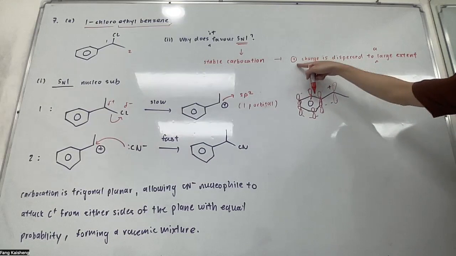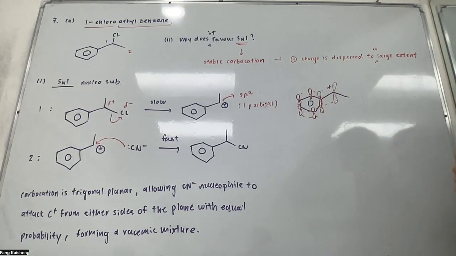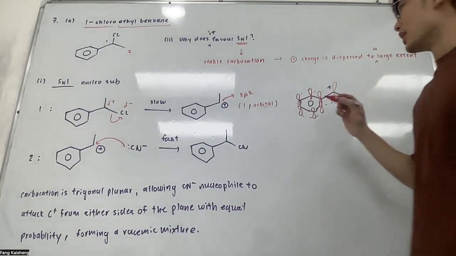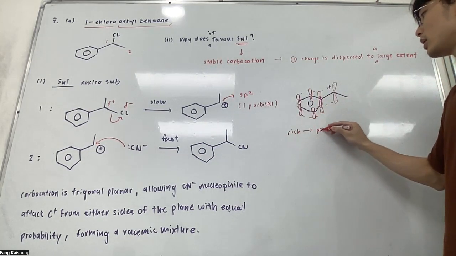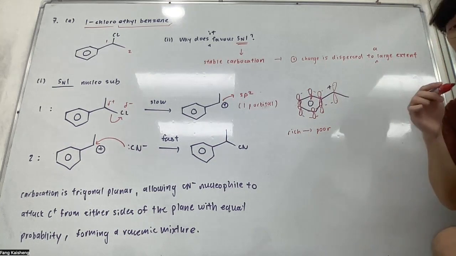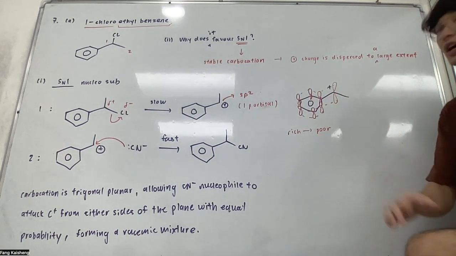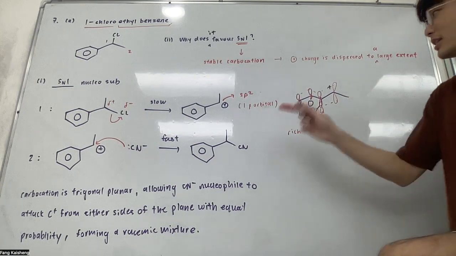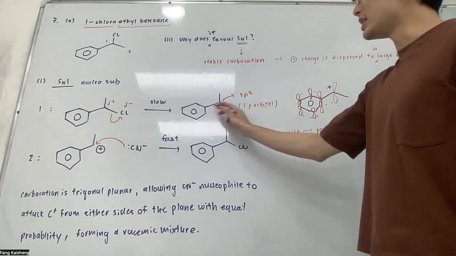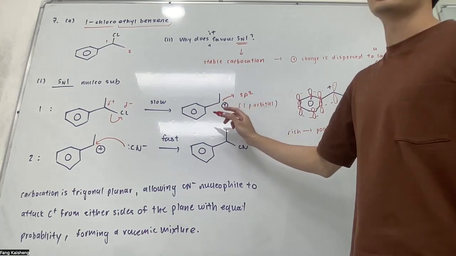Now, if you want to disperse a plus charge, the carbon is poor, right? I want you to take note, delocalization goes from rich to poor. Who here is the rich one? Is it the carbon with the plus charge? No, right? It is the benzene. Benzene there, full of electrons. This guy needs electrons, so where's the delocalization?